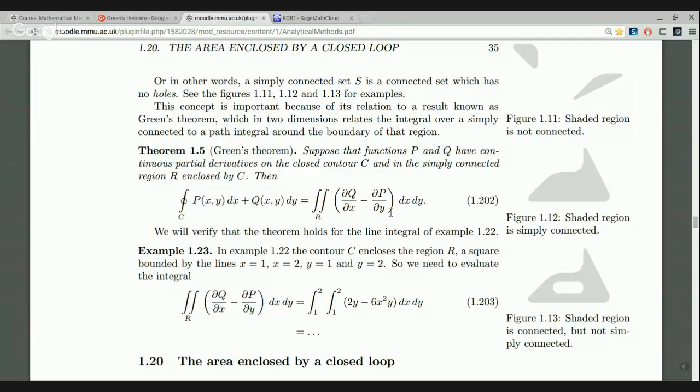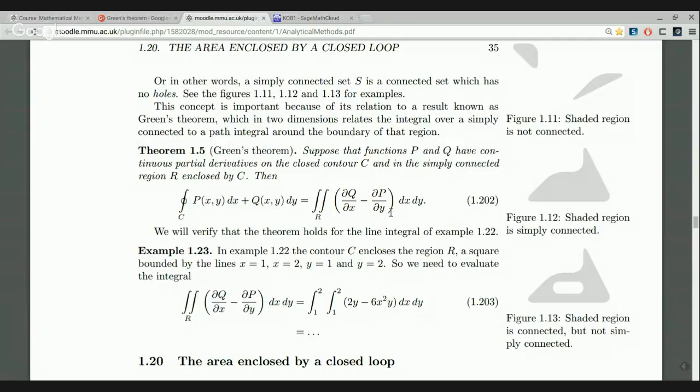What we're going to do is prove Green's theorem for simple regions like this, and then we're going to give a limiting argument that explains how we can use many different versions of this to cope with arbitrarily shaped regions. Okay? So first of all, we'll prove it for the rectangle. Okay?